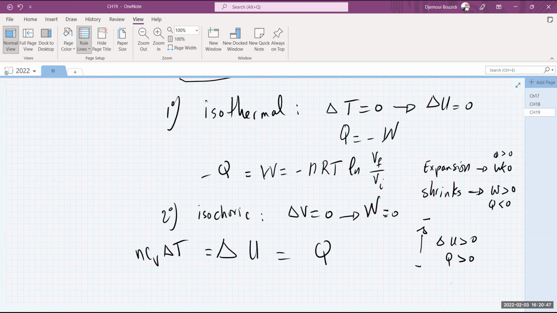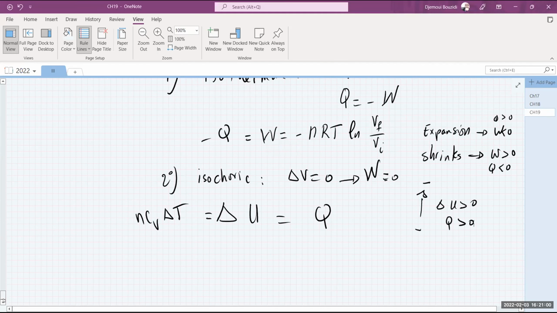If delta T is negative, that means the temperature went down. That means I removed heat Q and delta U went down. That's it. That takes care of everything now. So this process is more or less also easy.